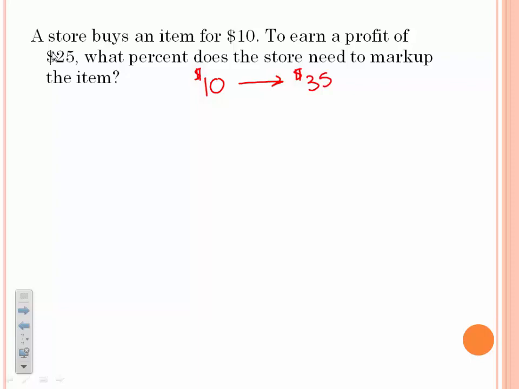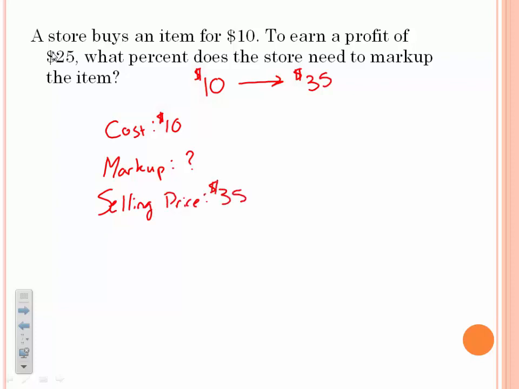All right, now we're going to solve it. So this is telling you the cost is $10. We don't know the markup. We don't know that. And the selling price is $35. Okay, so there's multiple ways you can do this. Keep in mind the last time we did 3 different ways. We did the one way where we just used the same thing from last time, 4.1.